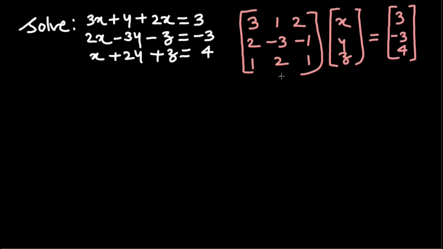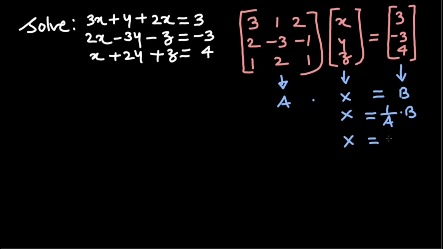We name the coefficient matrix A, the variable matrix x, and the constant matrix B. So A multiplied by x equals B. That gives us x equals 1 by A into B, which will be x equals A inverse multiplied by B.